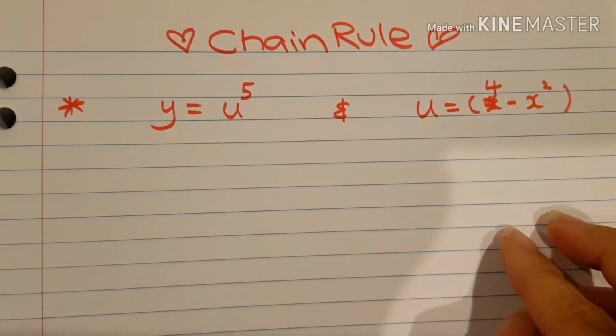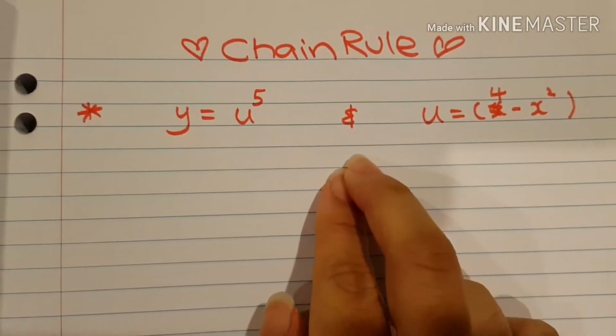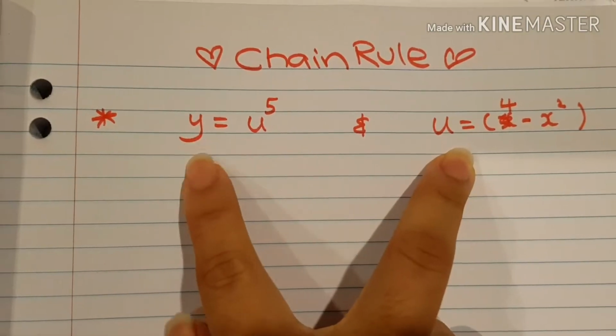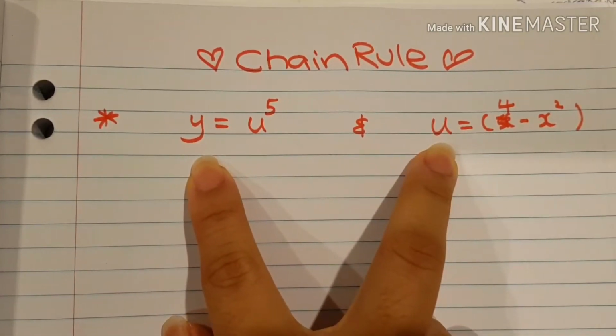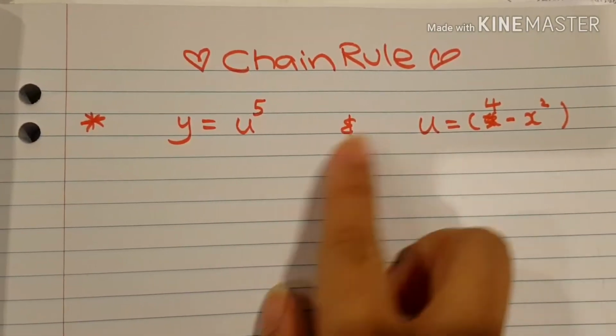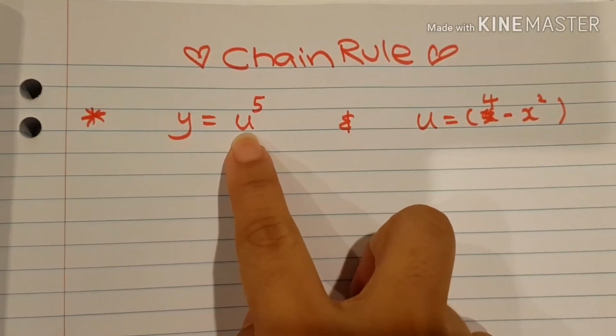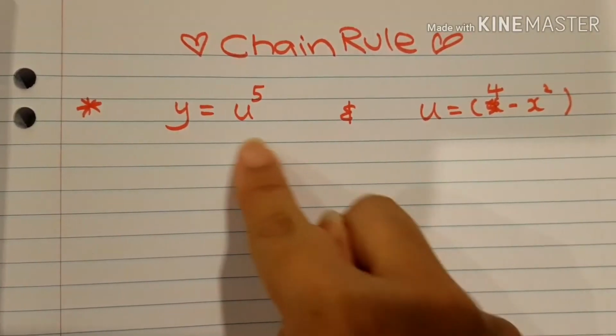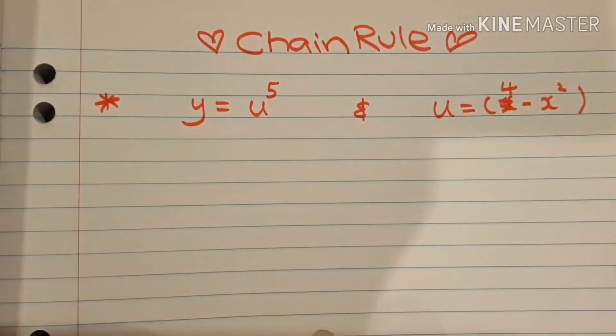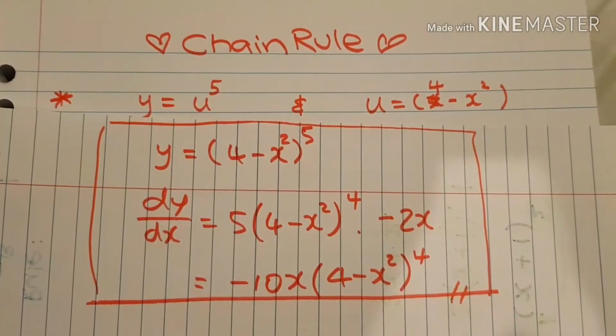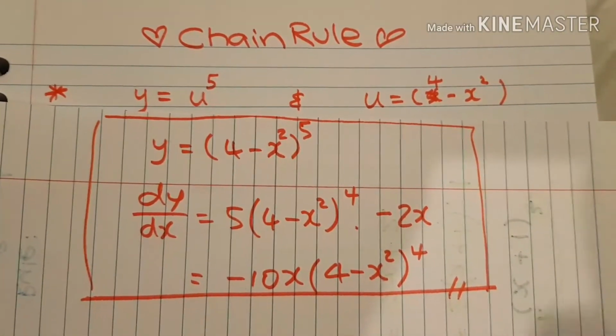Okay, so let's have a look at another example. In this case, you have two different functions, function of y, function of u. Okay, so that u is over here, so simply you can just substitute the value in and use an easy chain rule, right? Yep, just like this.